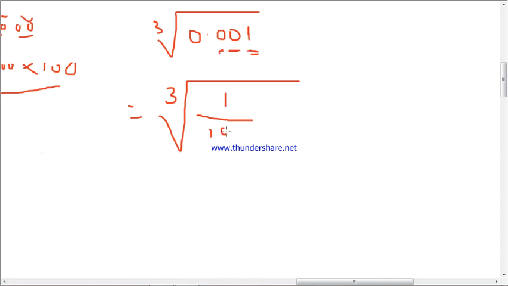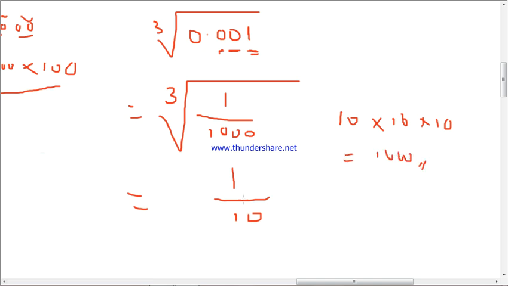Just add 3 zeros. The cube root of 1 is 1 only. The cube root of 1000 is actually 10, since 10 multiplied by 10 multiplied by 10 is nothing but 1000. So 1 by 10 is your answer.